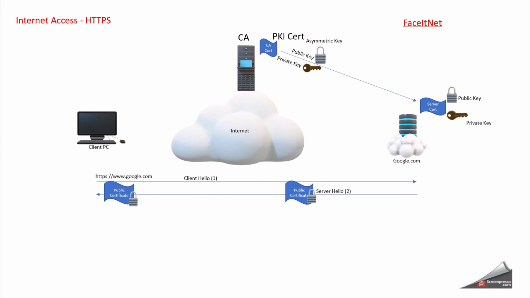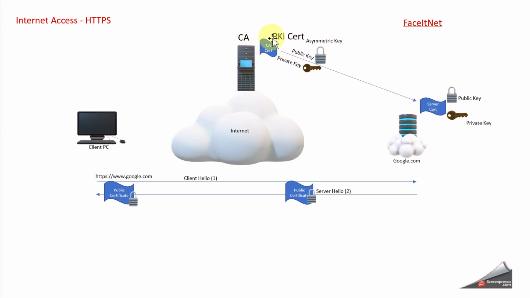The Google server must have received a certificate, which we call a server certificate, from a certificate authority. The certificate authority uses the X509 protocol, and using the X509 protocol, it sends a certificate to your computer.